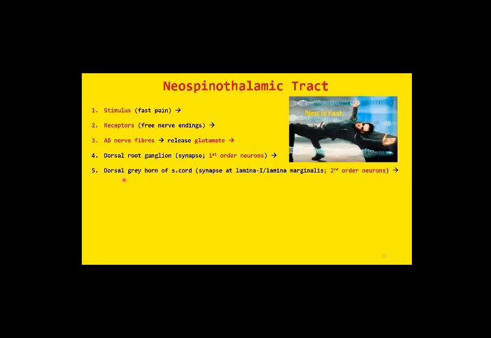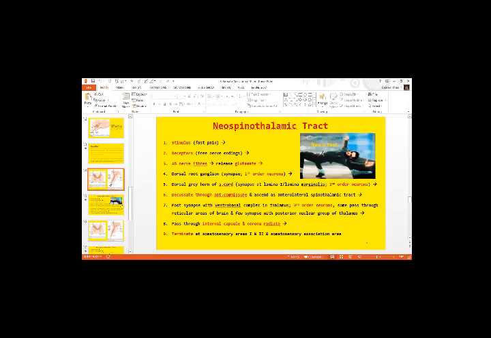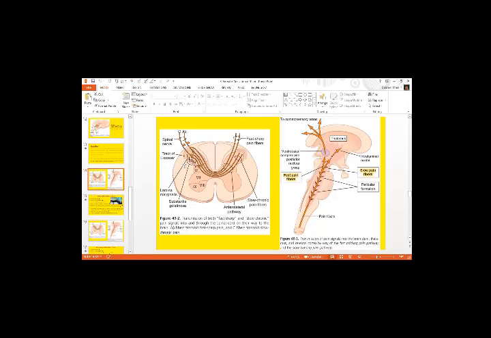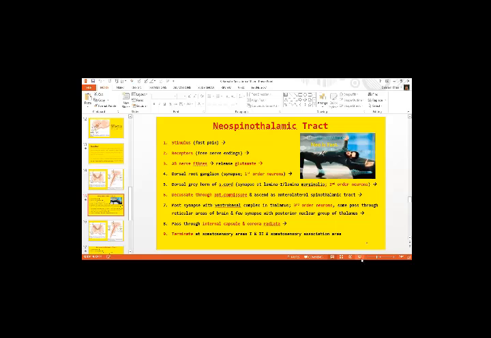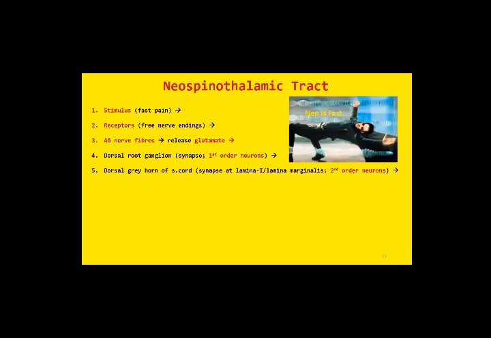If you remember, the gray horn of the spinal cord is divided into different laminae from 1 to 10. So lamina 1 is the lamina marginalis. The axons which arise from the dorsal gray horn of the spinal cord are the second order neurons, right?